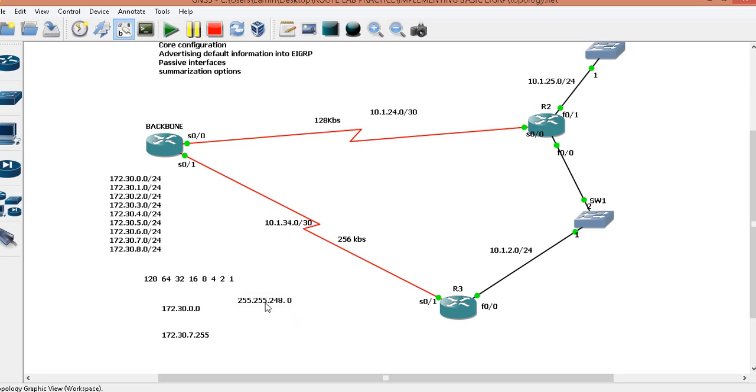This is going to be our subnet mask. Our summarized network will be 172.30.0.0, and the subnet mask will be this. So we're gonna summarize this and put it inside the backbone network and inject it into the EIGRP network.